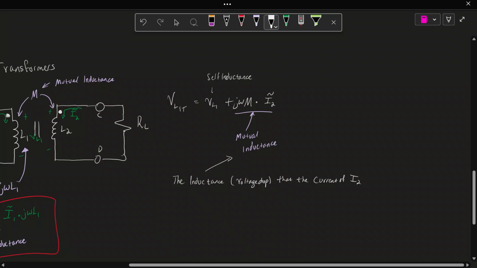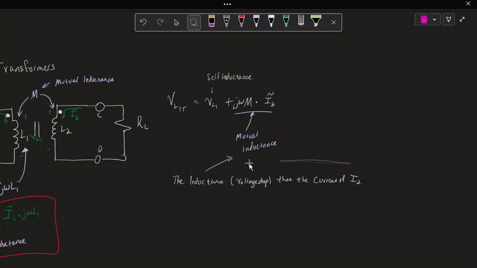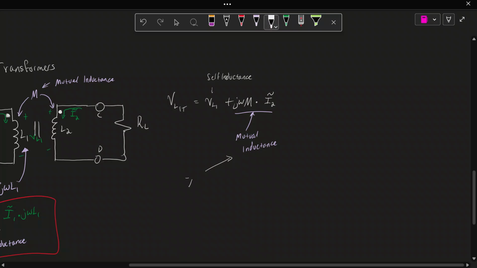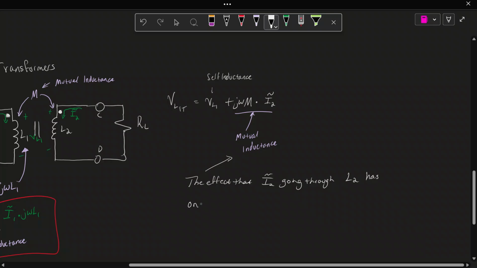Let me think about how I'm going to word this. My bad. I'll say it like this: the effect that I2 going through L2 has on VL1 total.